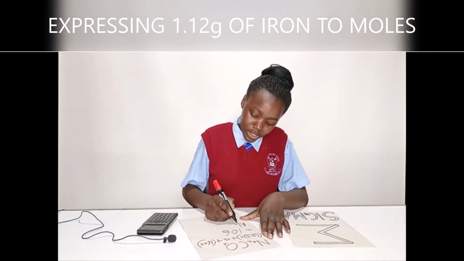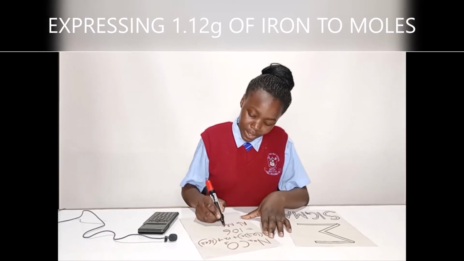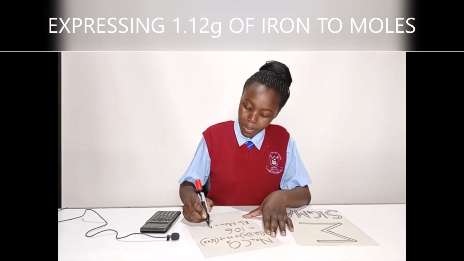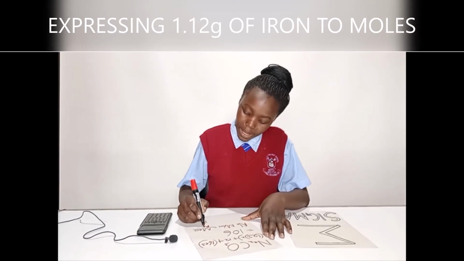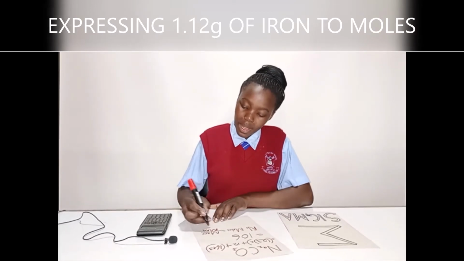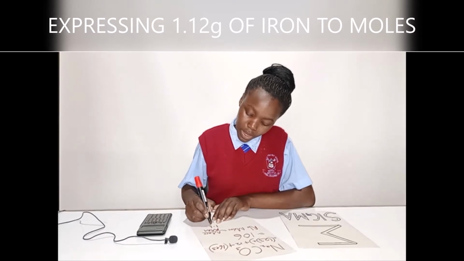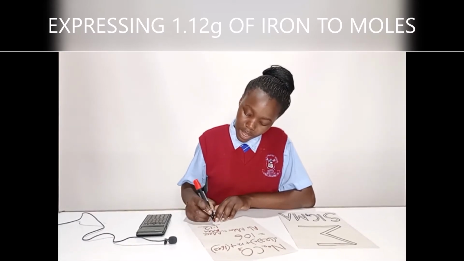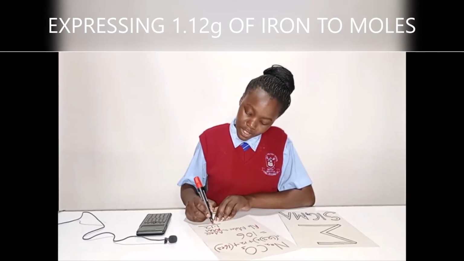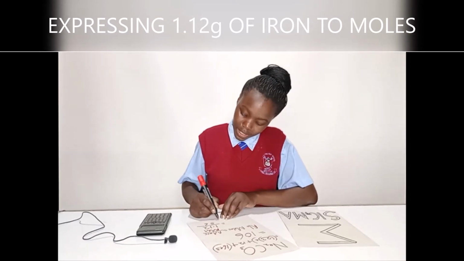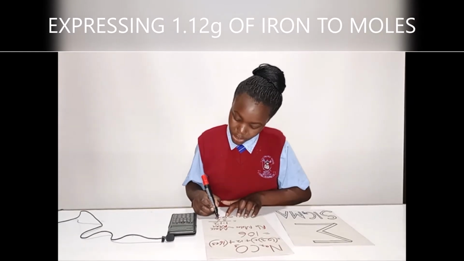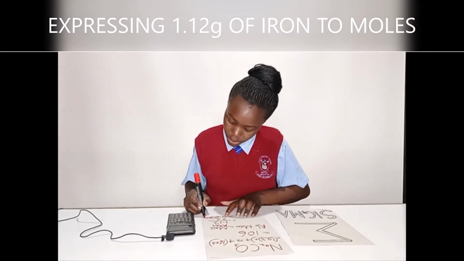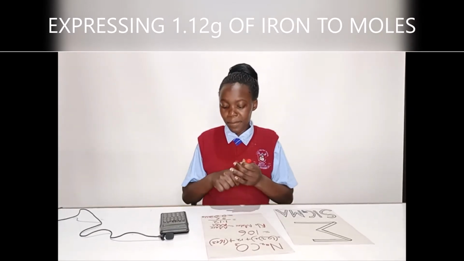Number of moles equals mass over molar mass. The mass is 1.12 over 56. You get 0.02 moles. Okay, that one is correct.